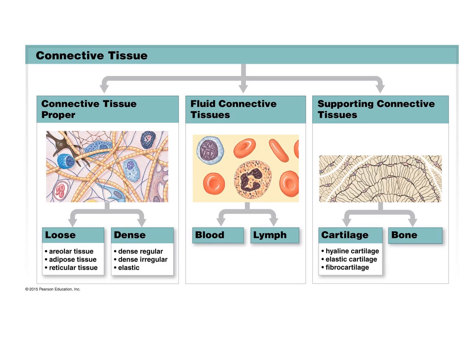And connective tissues have varying degrees of vascularity, and their cells are separated by a non-living extracellular matrix. That is the ground substance and fibers. Mesenchyme is embryonic connective tissue, which gives rise to all other connective tissue types.